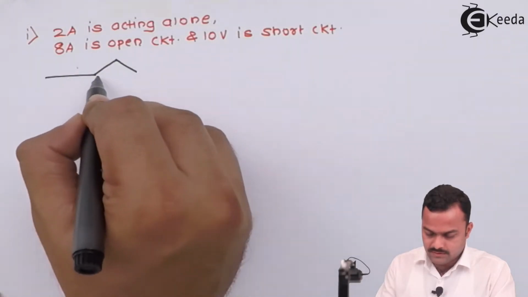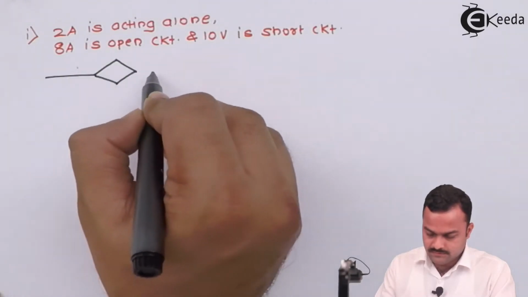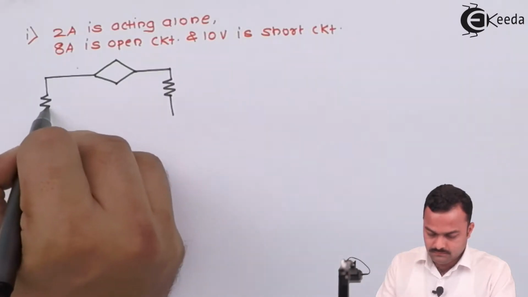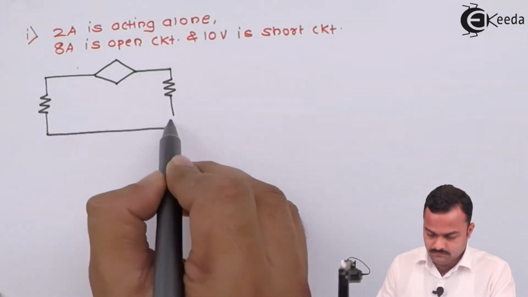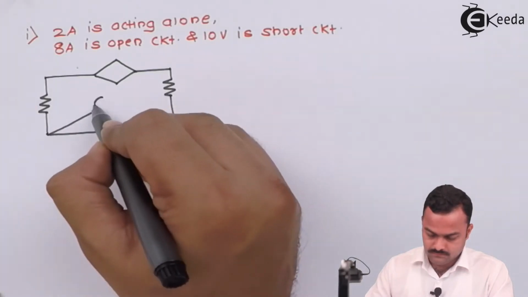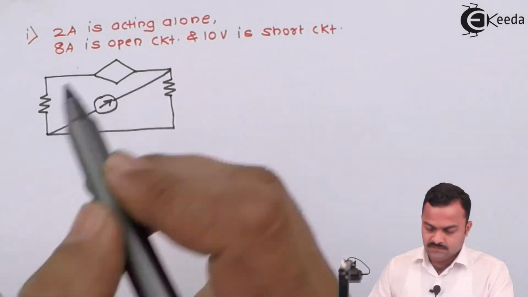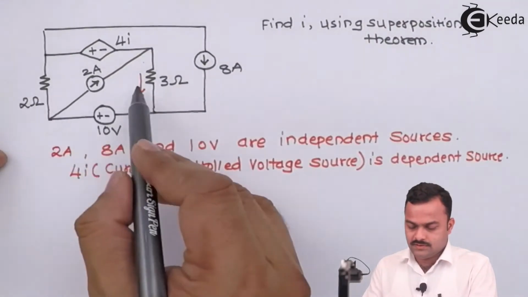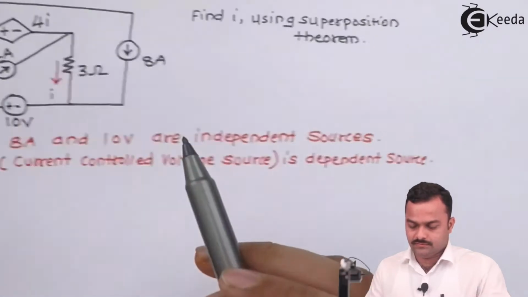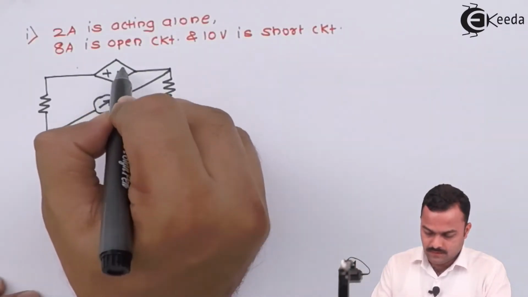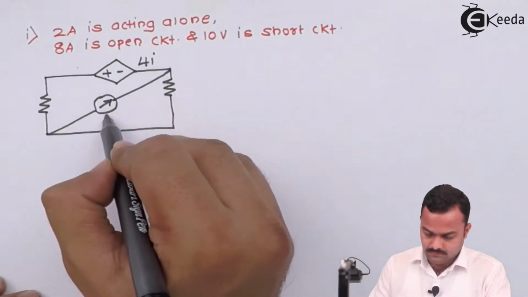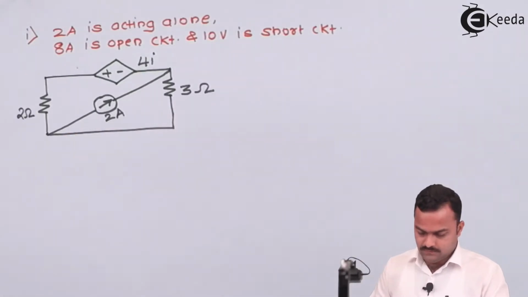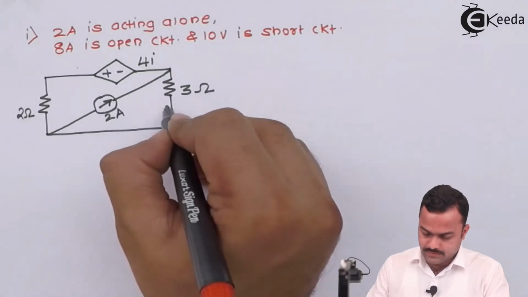Remember, we are not touching the dependent source at all. So we will get a simple circuit like this. Two resistances, one dependent source, and this current source will be there. And this is the current I we are supposed to find out.